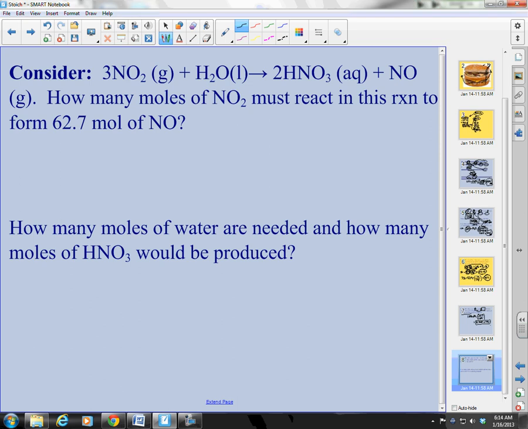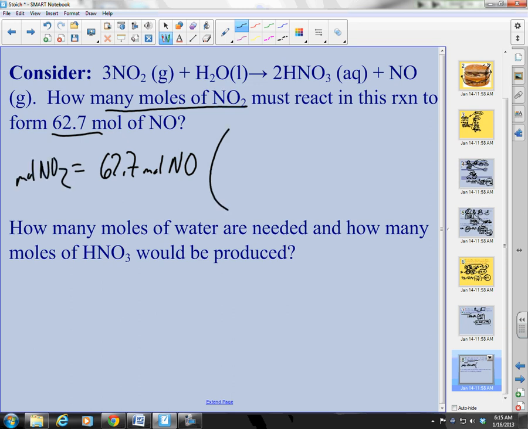Hey, this is easy stuff, isn't it, ladies and gentlemen? All I have to do is figure out what I start with, 62.7 moles of NO, and figure out what I want. I want moles of NO2. Multiply it by a mole ratio of those two things, put what I want on top, moles of NO2, put what I have, moles of NO, on the bottom, and fill in my ratios by looking at my coefficients.